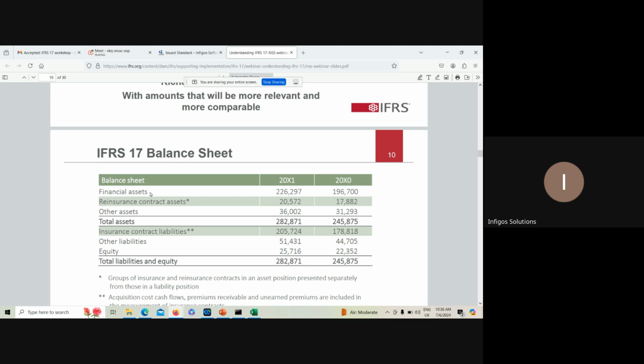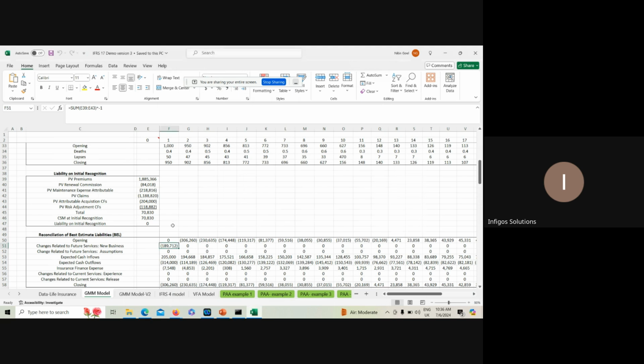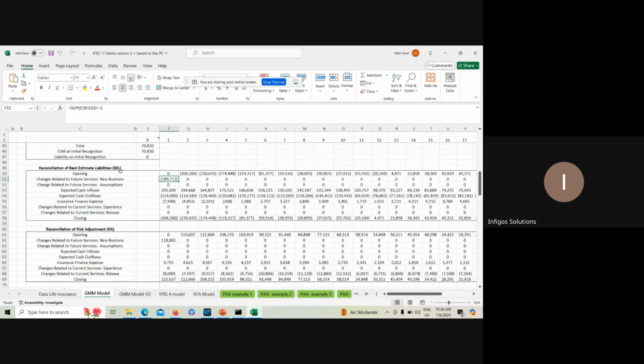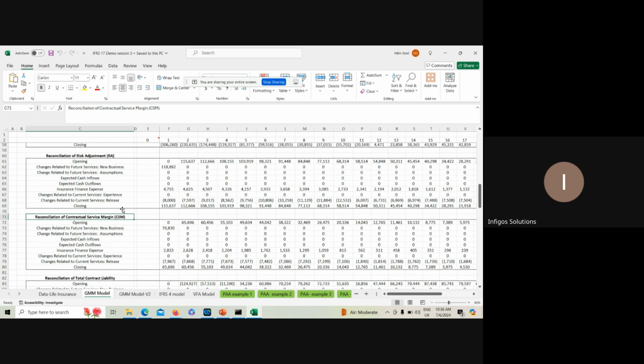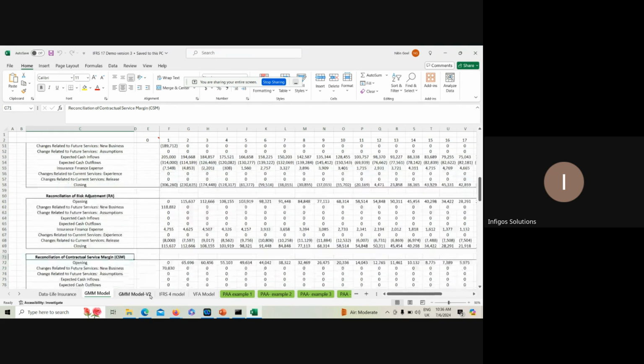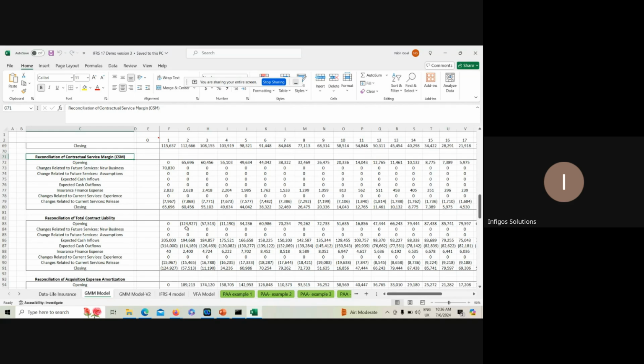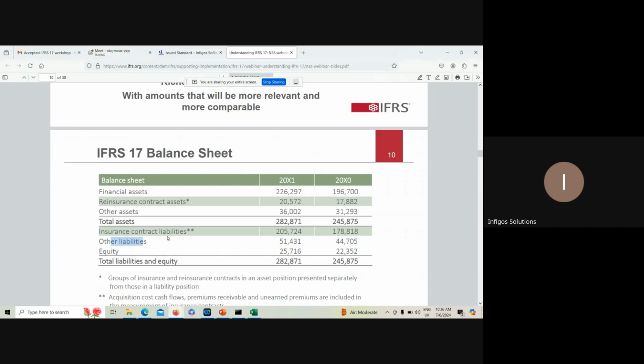It has assets, reinsurance asset, and liabilities will have insurance liability. So in our case, when you look at this table, I will have these three calculations: BEL, risk adjustment, contract service margin. If I sum these three tables up, I will get a total contract liability, which is basically used here in this calculation, this one.